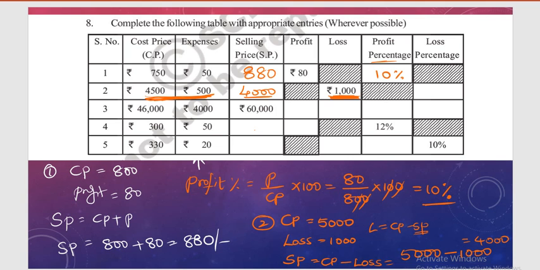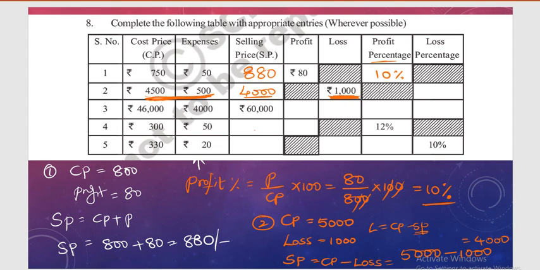Whenever you get a loss, you need to find out the loss percentage, no? So for the second one, loss percentage. Loss percentage is equal to loss by CP into 100, right? How much loss has he incurred? 1000 rupees, right?